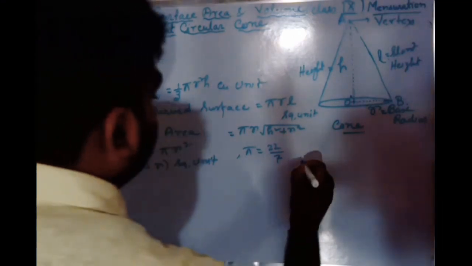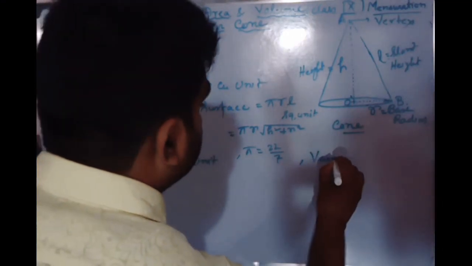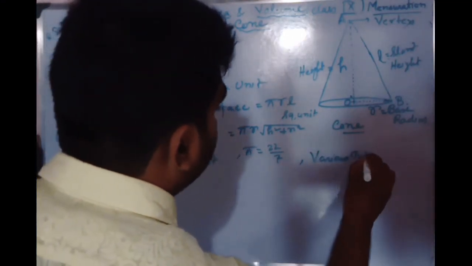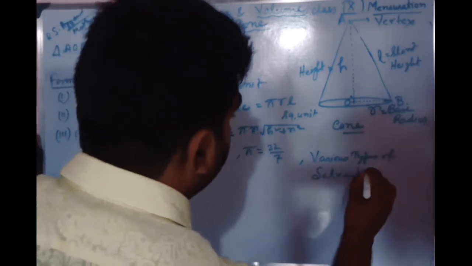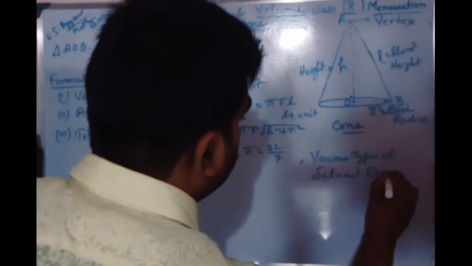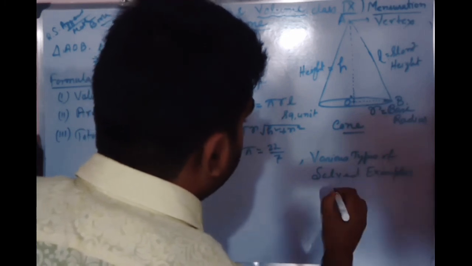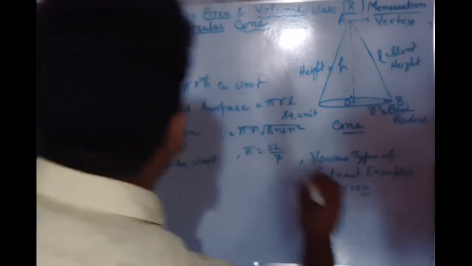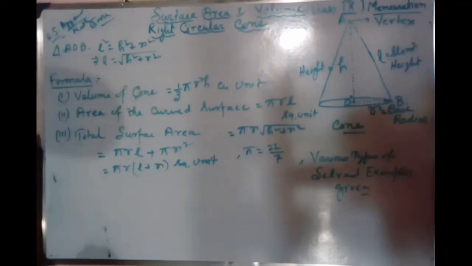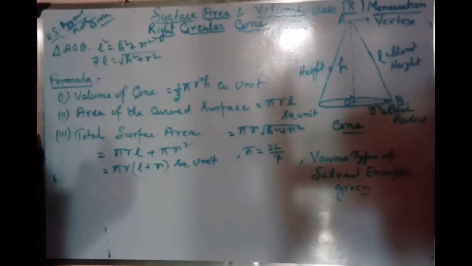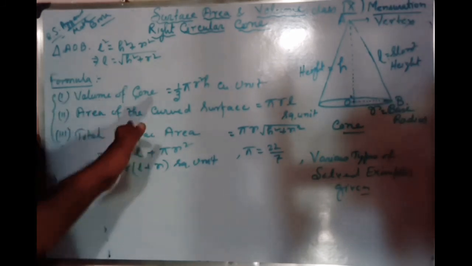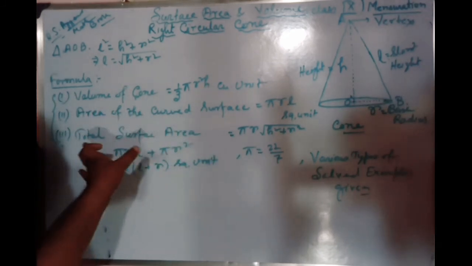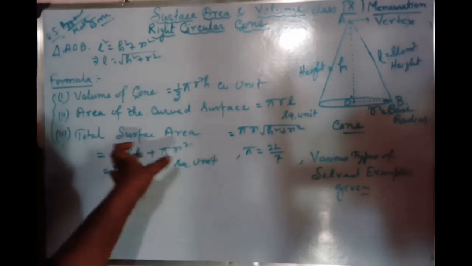Here I suggest to you again that there are various types of solved examples given in R.S. Agarwal using these formulas: volume, area of the curved surface, total surface area.